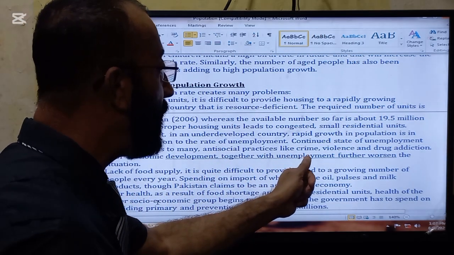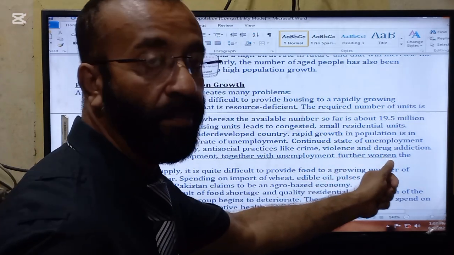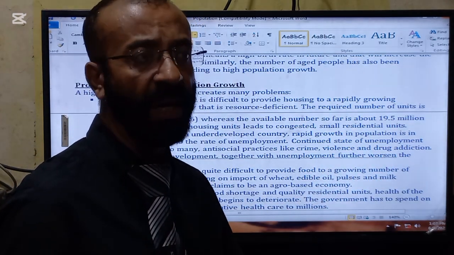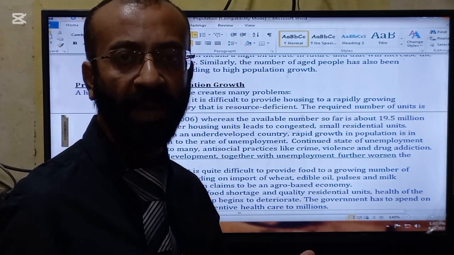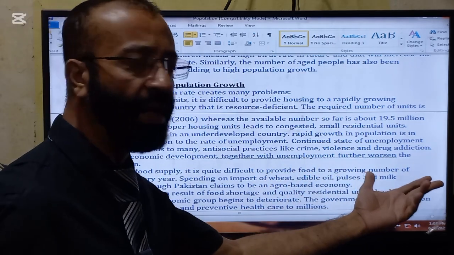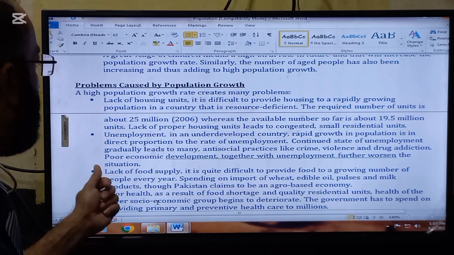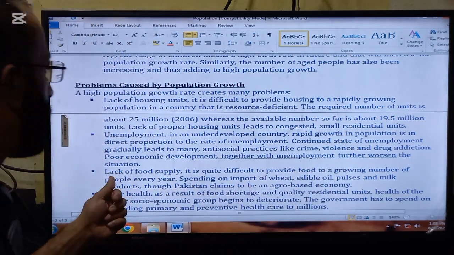Crime will increase, violence will increase, drug addiction will increase, because more population requires employment and employment is not there. So what will the unemployed people do then? They will be involved in crime, violence, drug addiction, etc. So these are the problems of high population growth rate. Poor economic development together with unemployment further worsens the situation.